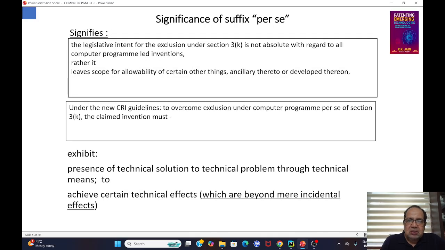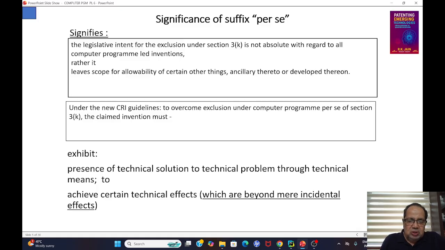Now, by attaching the suffix per se, the intent of the legislature was to allow scope for allowability of computer-based inventions. Under the new CRI guidelines, to overcome exclusion of computer programs under section 3K, any claim must exhibit presence of four things. Firstly, there must be a technical problem. The technical problem must have some technical solution prescribed in that claim.